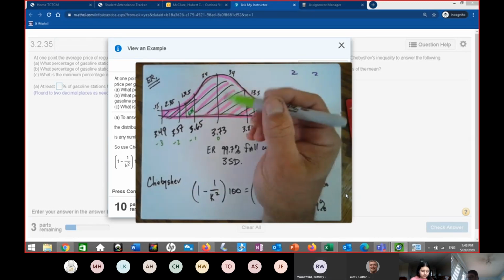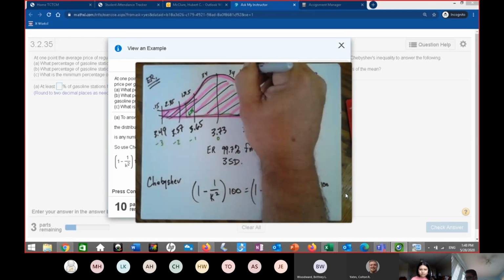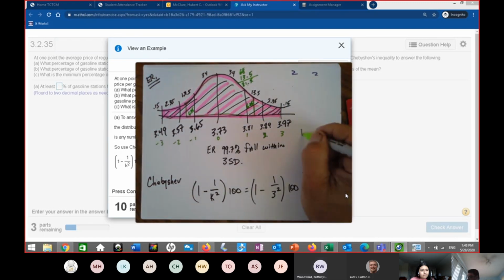That's going to be 68 plus 13.5, and 68 plus 13.5 is 81.5. So by the empirical rule, within 1.5 standard deviations is equal to 81.5%.